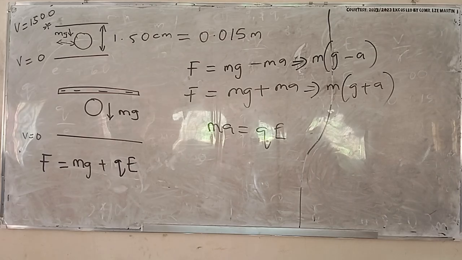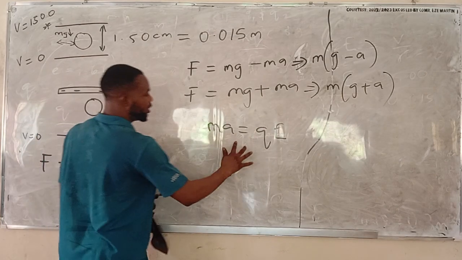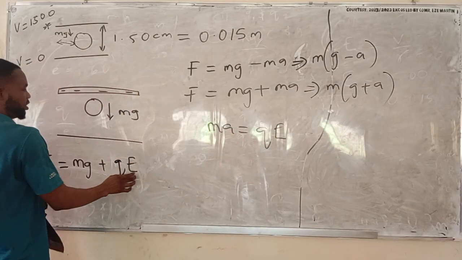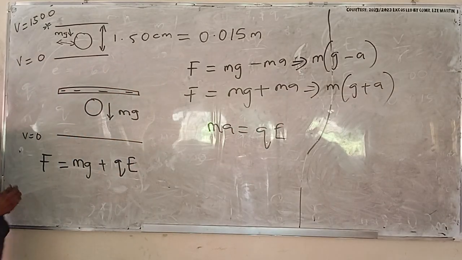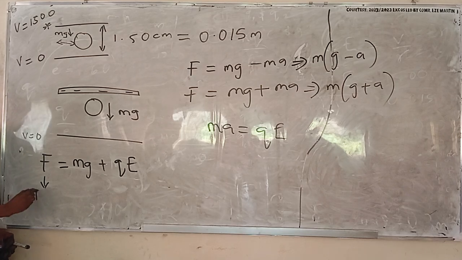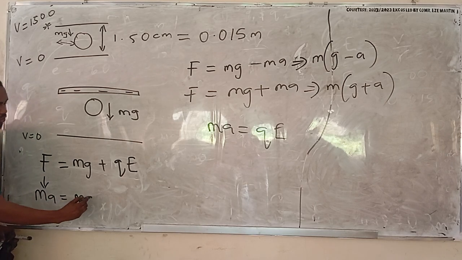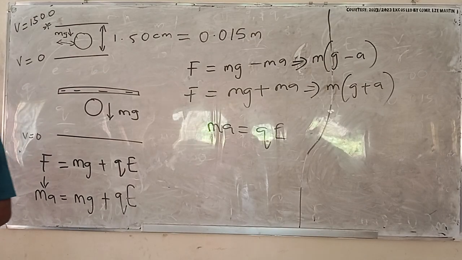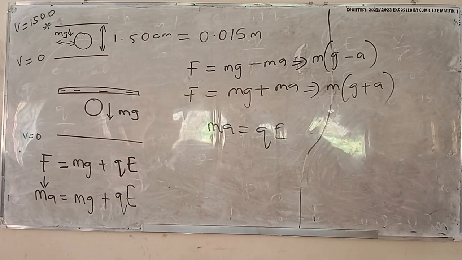The only thing that changes is knowing that ma, which is force, equals qE, so you replace this ma with qE. This is still the same as saying ma equals mg plus qE, depending on what you are looking for. Note it and write it beside your notebook: for an oil drop, this is the reason. We said it's the same principle as the force on an elevator moving downwards.